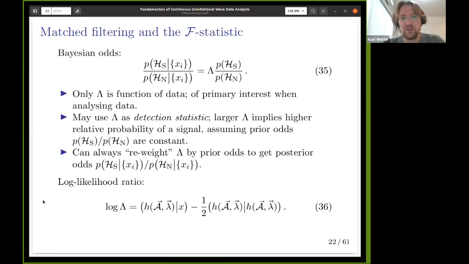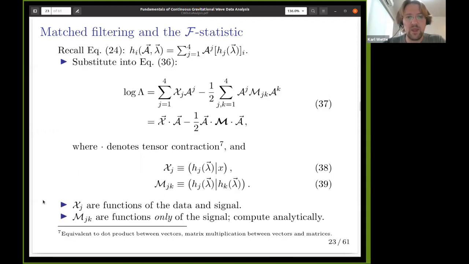You do that and expand out the inner products, which are all linear, and you end up with an expression which looks like equation 37, which I've written explicitly in terms of summing over these four amplitudes. I'm also going to write it in terms of this dot notation, which basically represents a tensor contraction.